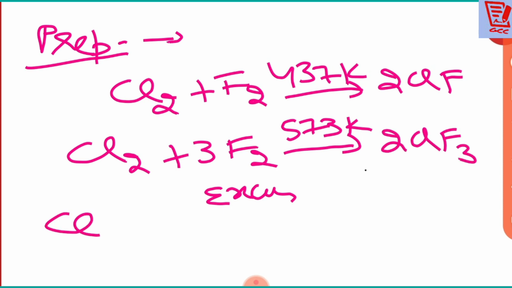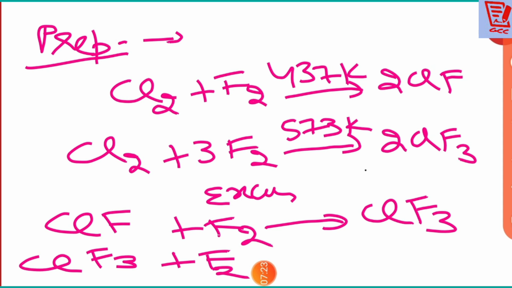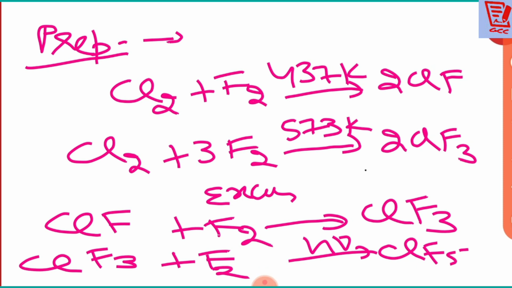In the same way, ClF plus F2, and here I am getting again ClF3. One more is here, suppose ClF3 plus F2 in the presence of h nu, and what we are getting? ClF5. Clear? So like this way we can prepare.